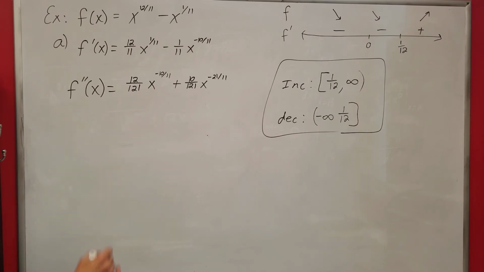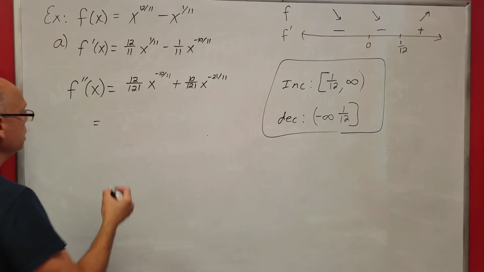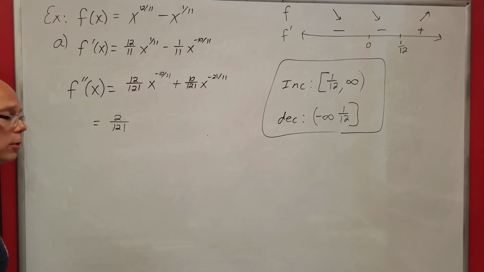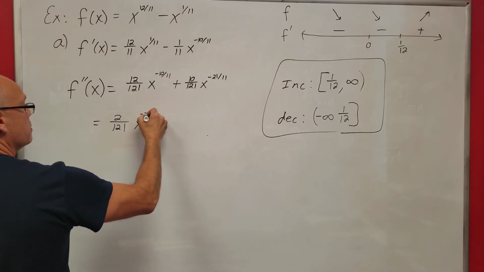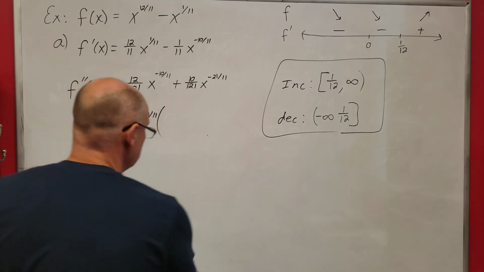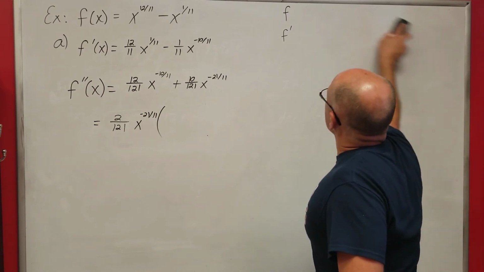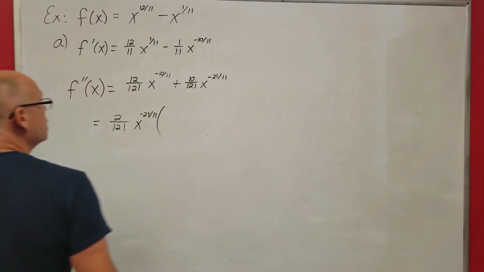All right, let's factor this. What could I take out of the top? At least a 2. Out of the bottom, I could take 121 for the coefficient part. I like to take out the smallest exponent. If you look at Wiley, they might do it a little differently, but you can still get to the same answer. So I factored out 2 over 121 x to the negative 21 over 11.